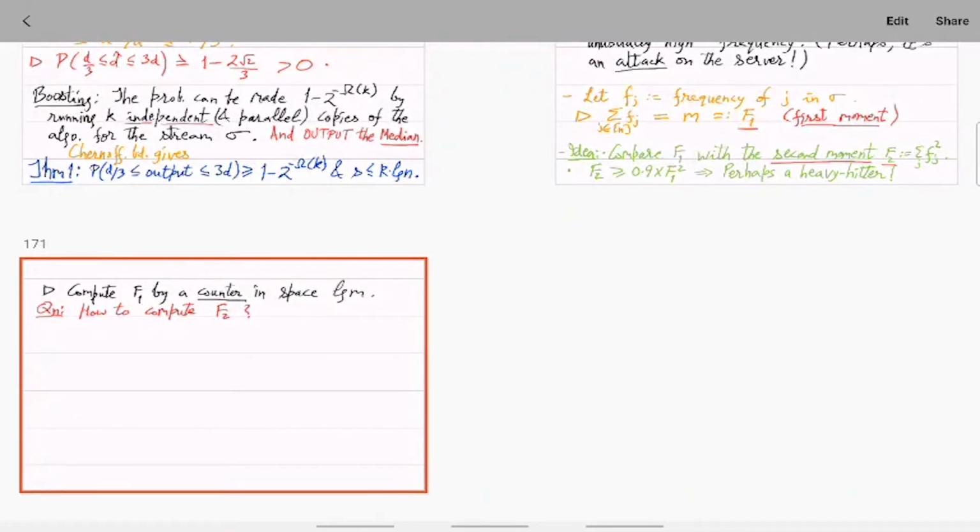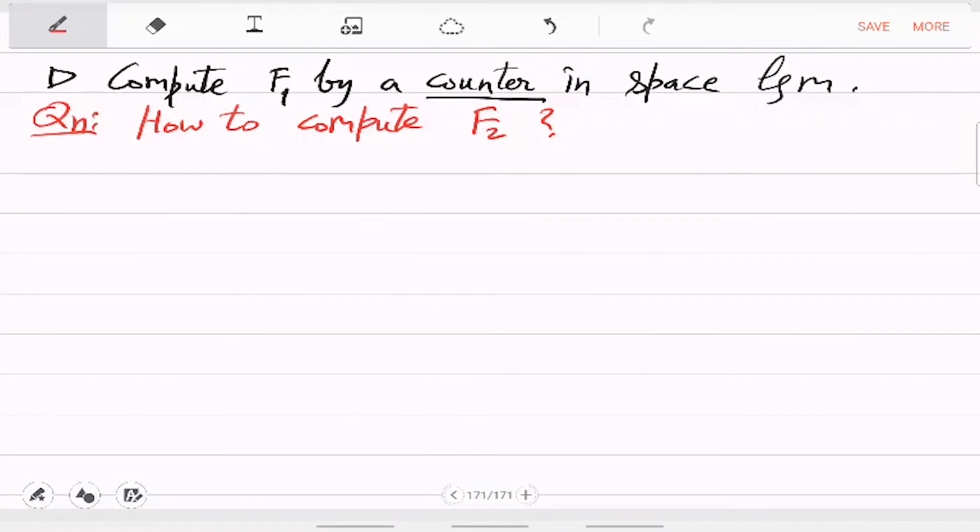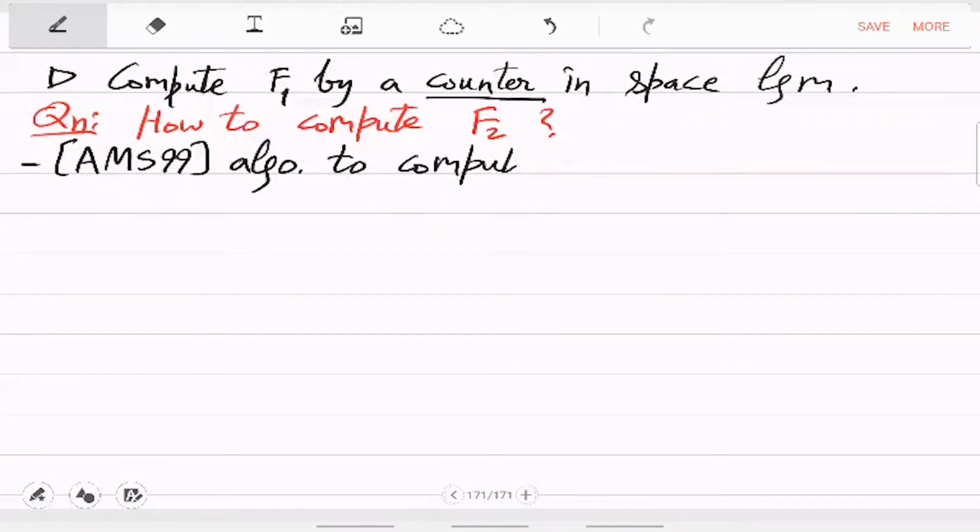So, we will see an amazing algorithm again, which is by Alon, Matias and Szegedy. So, the AMS 99 algorithm to compute F2 uses a hash function.